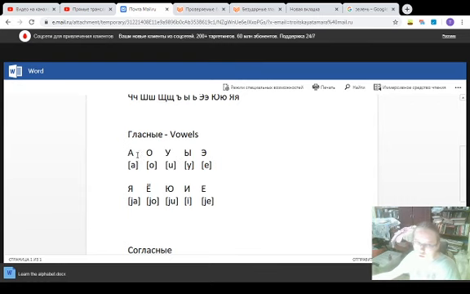These letters are vowels of the first row, and these are of the second row.